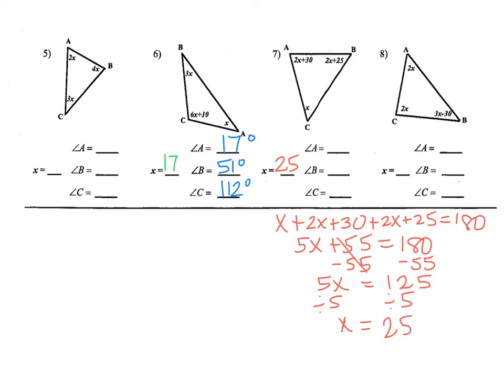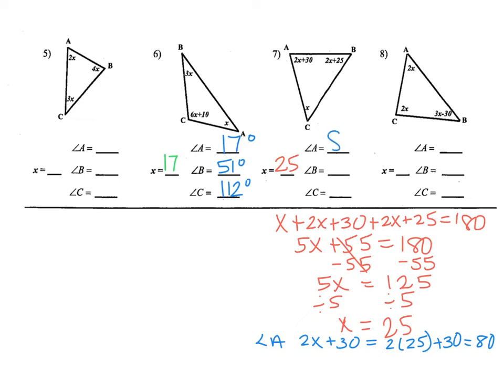All right, now we need to plug in for our 3 angle measurements. So angle A says that it has a measurement of 2x plus 30. All right, so I'm going to replace the x with the 25. So I have 2 times 25 plus 30. So 2 times 25 is going to give us 50. And 50 plus 30 is going to give us 80.